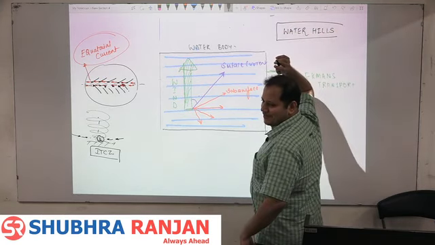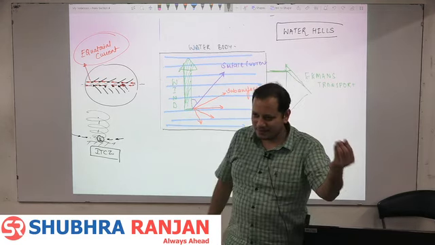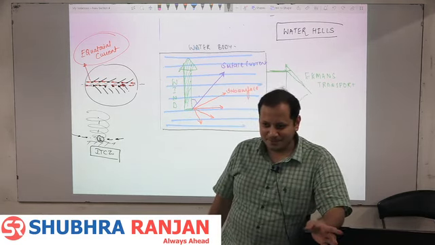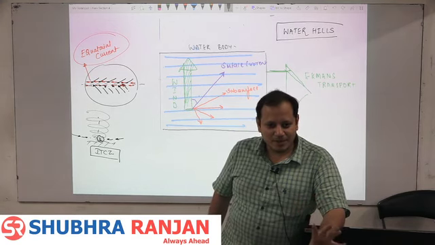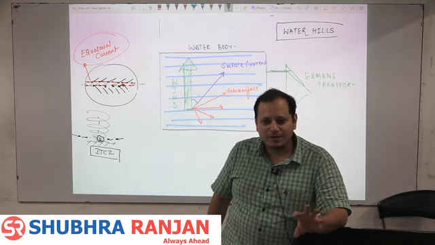Water hills means piling up of water. I deliberately made the subject technically tough, causing piling up of water. Fine. If you read the textbook, westerly intensification results in the formation of water hills and water valleys.